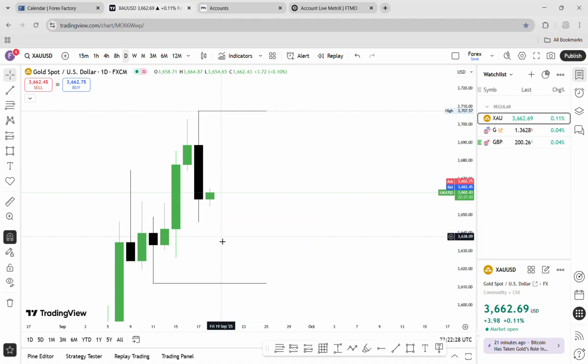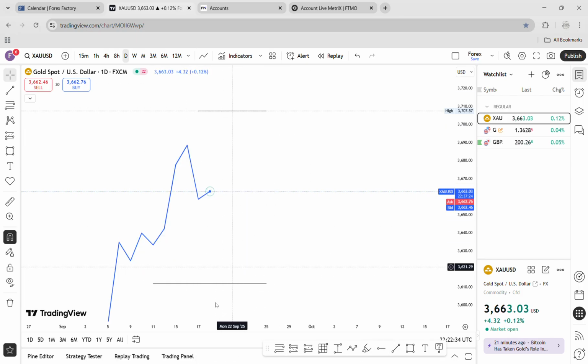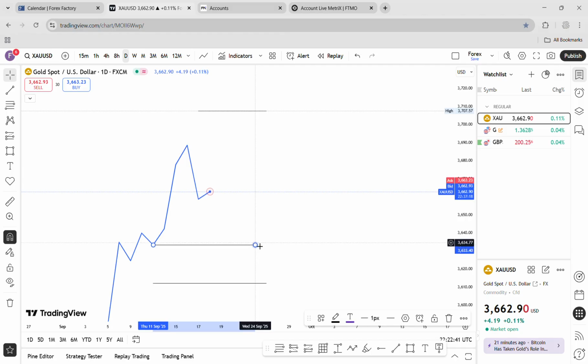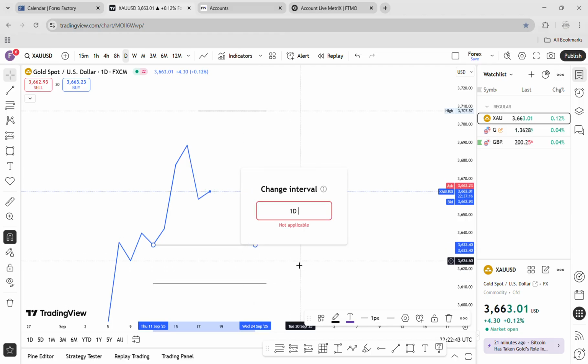Now, again, if I turn my chart to line chart, I can see my nearest key level is this one right here. You understand? I just put 1 day.